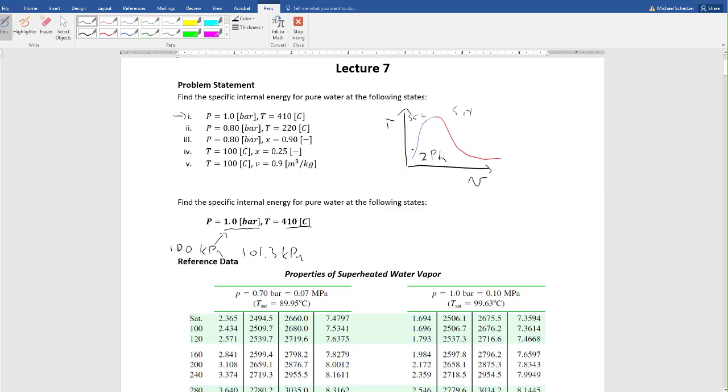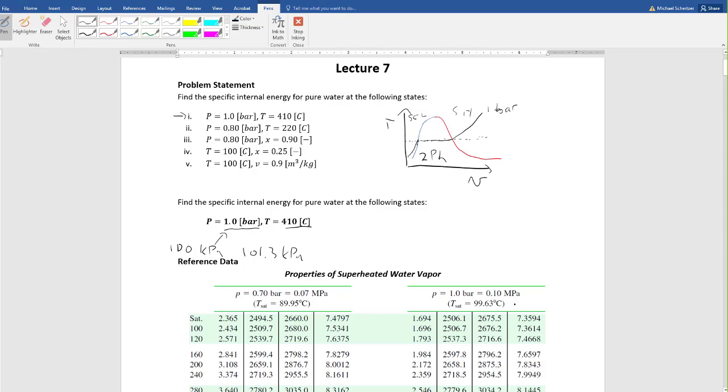So if I draw a constant temperature line here, it would look like this. And I would have a constant pressure line of 1 atmosphere that would go like this. Remember, it goes up as we move left to right, and then it's flat under the vapor dome because temperature and pressure are dependent here. And then it goes up again once we get past the vapor dome. So this line is 1 atmosphere, or let's say 1 bar, because that's our answer here.